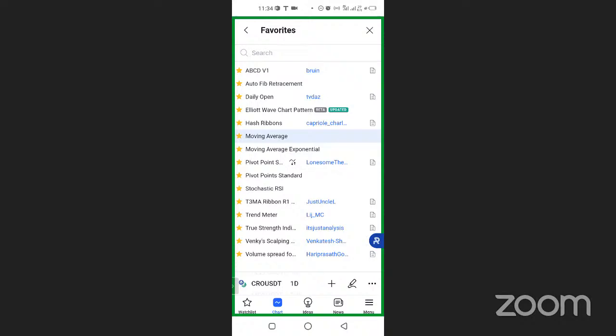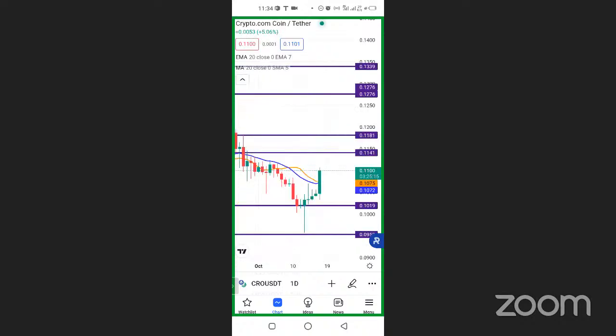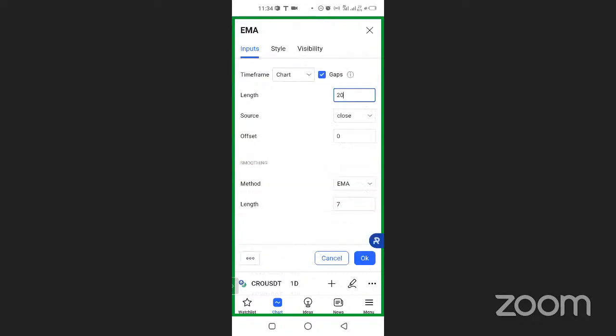Let me use this too. What are these? Moving average is 20. It's good, 200.